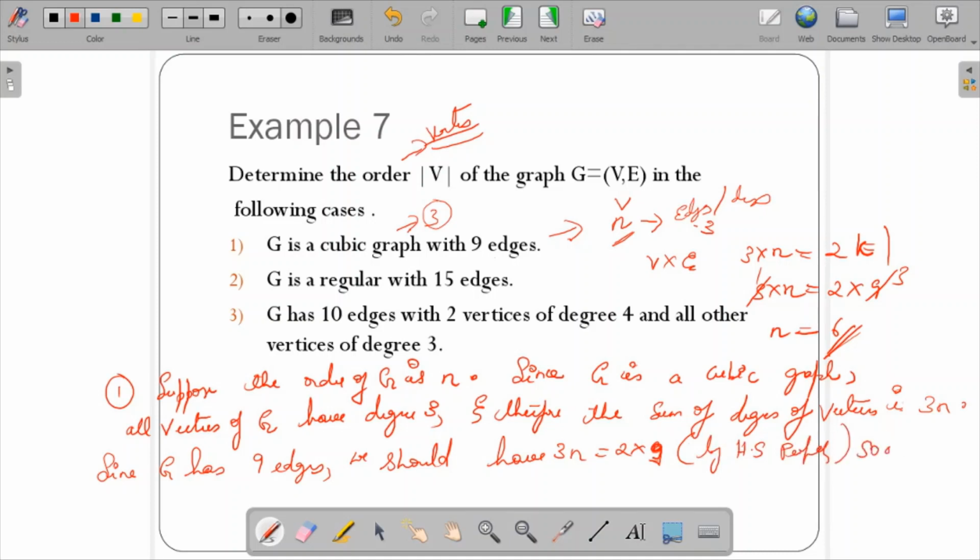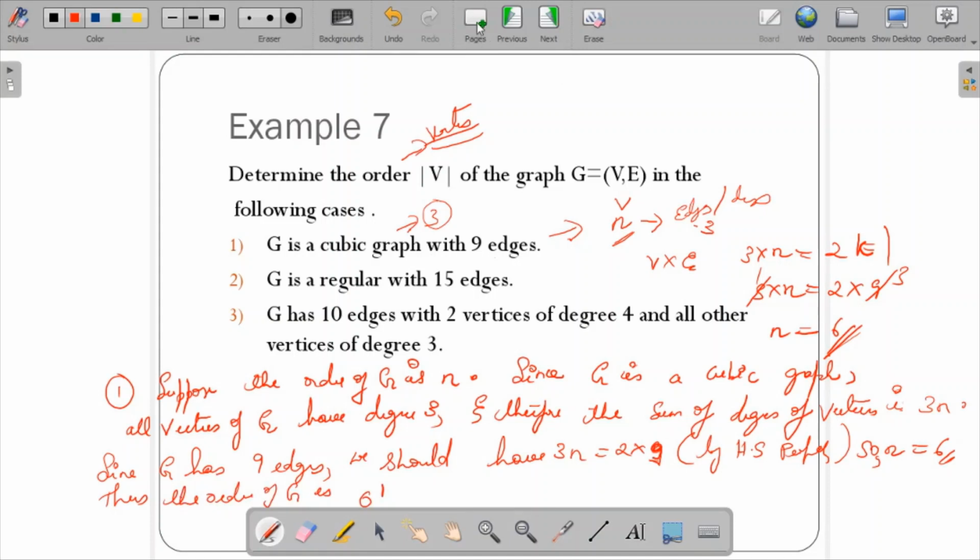So the n value would be 6, as I've solved already. Thus the order of G is 6. So this is regarding the first.